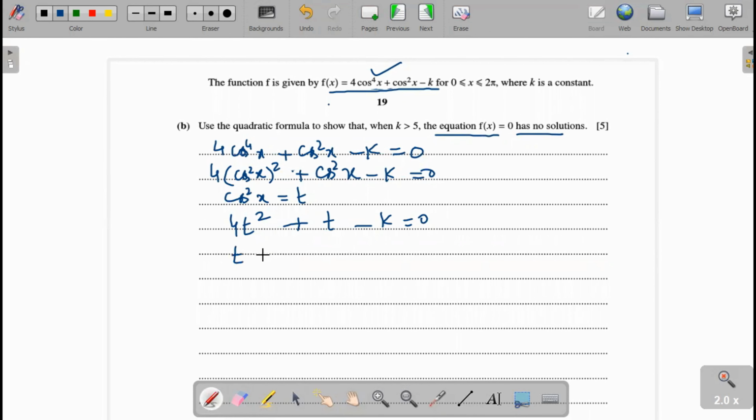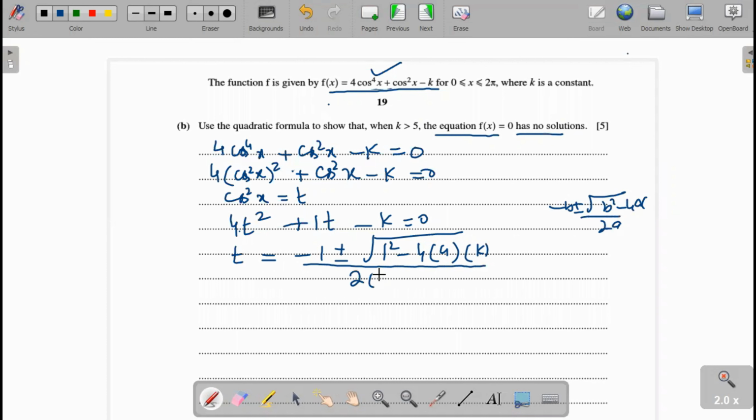This is a quadratic equation and we use the quadratic formula, minus b plus minus square root of b square minus 4ac over 2a. Here b is 1, a is 4, and c is minus k, and 2 times 4 is 8. Now we get t equal to minus 1 plus minus square root of 1 plus 16k, over 8.